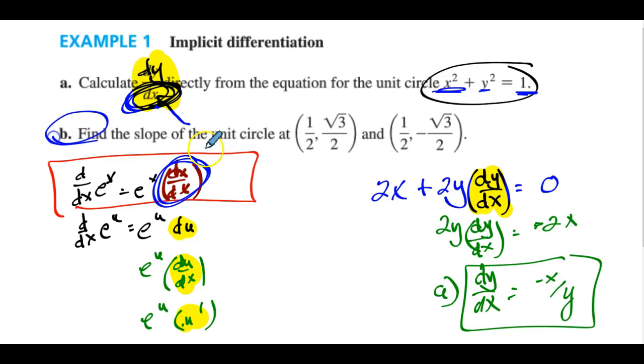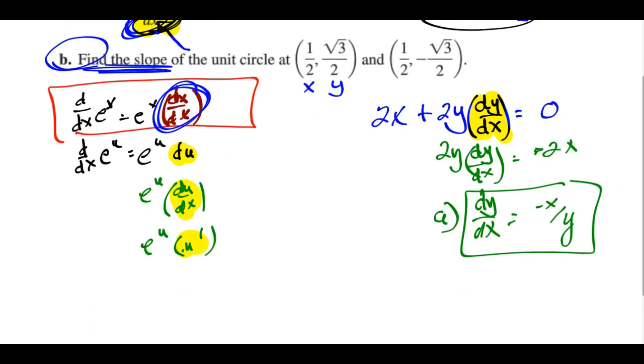Part B wants you to find the slope at this x and y point. Well, that's going to be easy because remember, the derivative is the slope. So the slope for 1/2, the square root of 3 over 2, all I have to do is plug it into this slope formula.